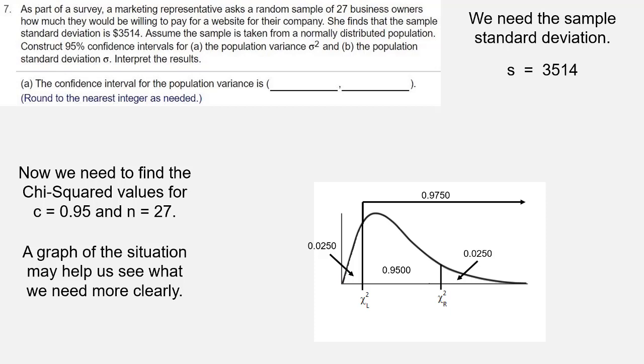For the chi-square R value, the area to the right of that is just the right-hand tail, which is 0.0250. Those two areas, the area to the right of chi-square L and the area to the right of chi-square R, will always add up to 1. So you can always do a quick check to make sure that they do.